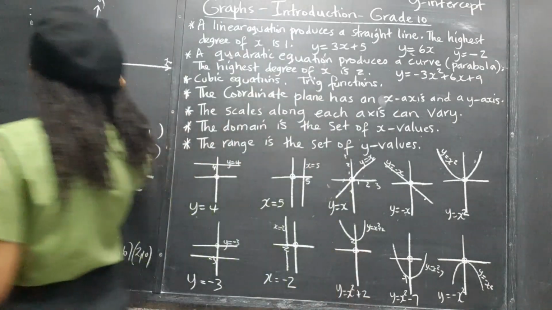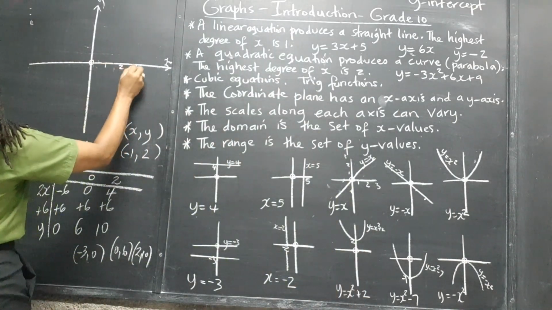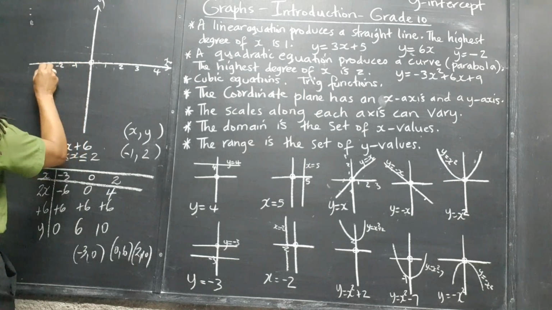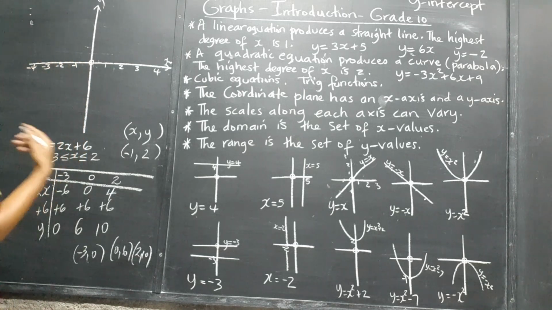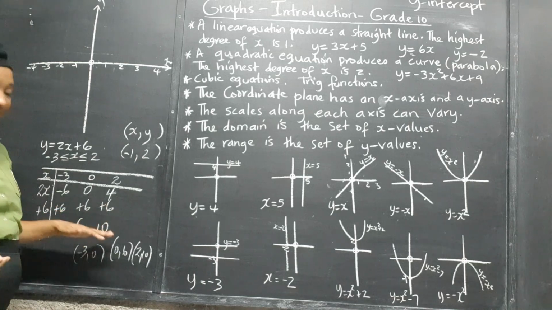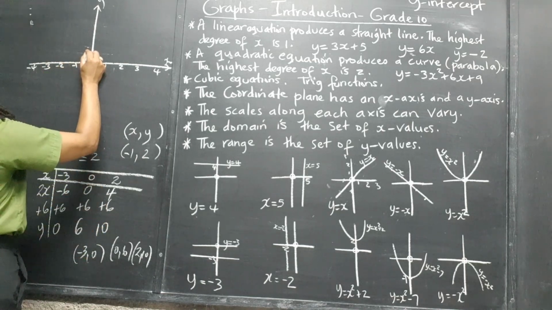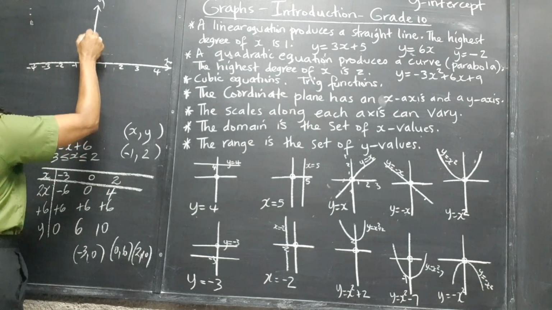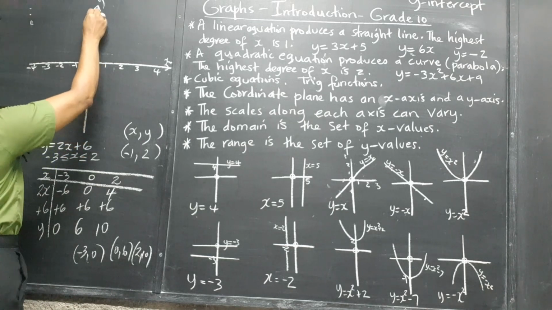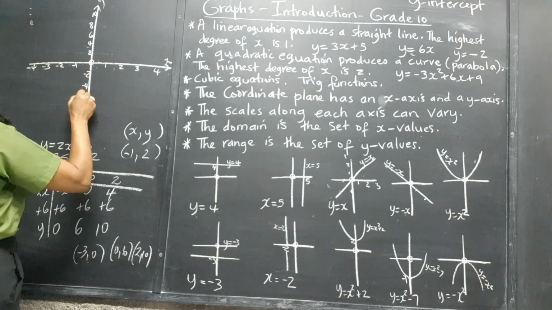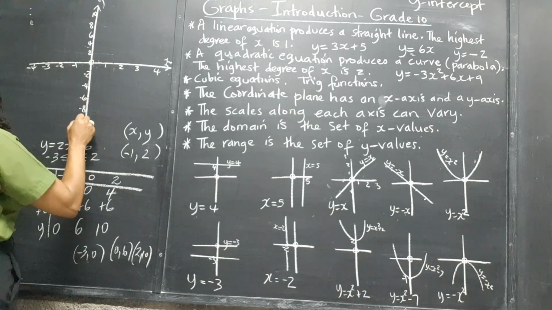Alright, so I'm going to say 1, 2, 3, 4, negative 1, negative 2, negative 3, negative 4. On the y though, since I need 10, I'm not going to go up by 1, I'm going to go up by 2. 2, 4, 6, 8, 10, negative 2, negative 4, negative 6, negative 8, negative 10.